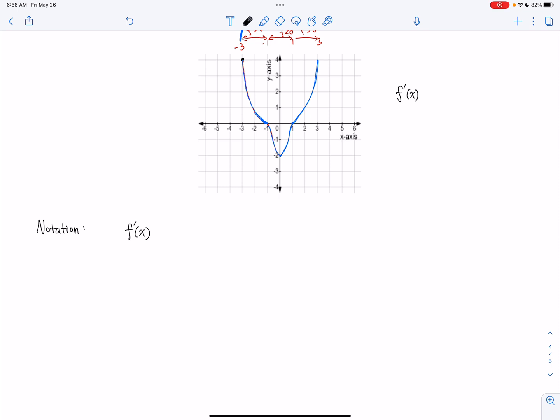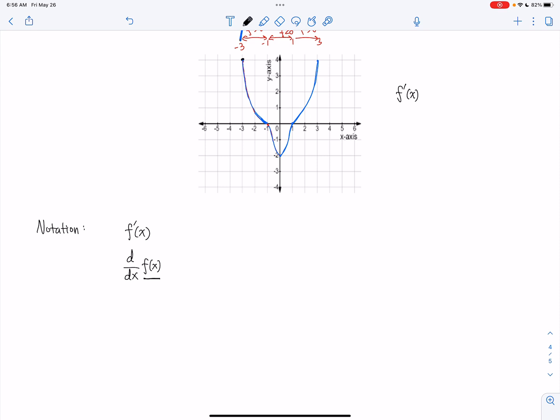Another notation is you can do d/dx f(x). That's the same thing. So that means you have the function f(x), okay? When you do d/dx, we are talking about the derivative of the function with respect to x.